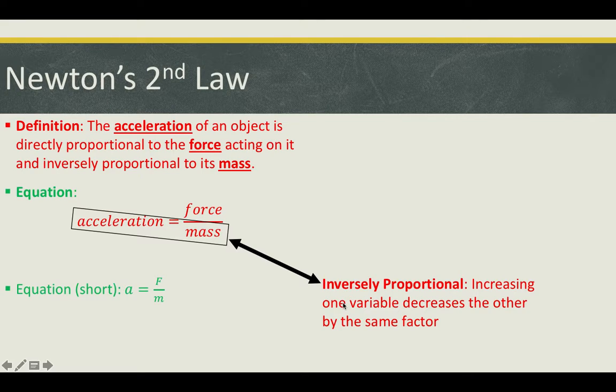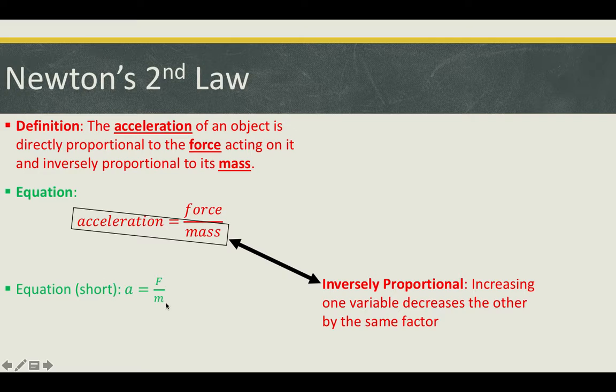When we increase one variable, it decreases the other one by the same factor. So if force stays the same and we double mass, then acceleration will drop by a factor of 2. If force stays the same but acceleration is tripled, then mass will decrease by a factor of 3. So they change by the same factor.